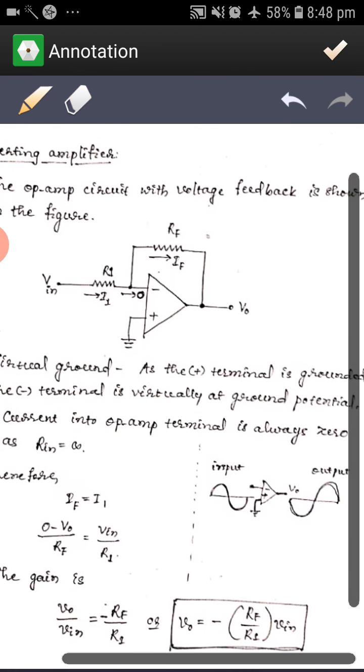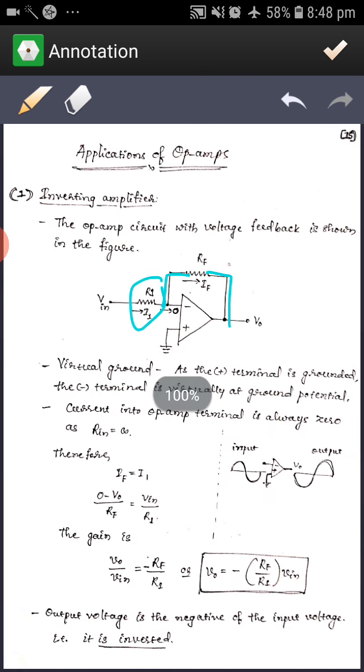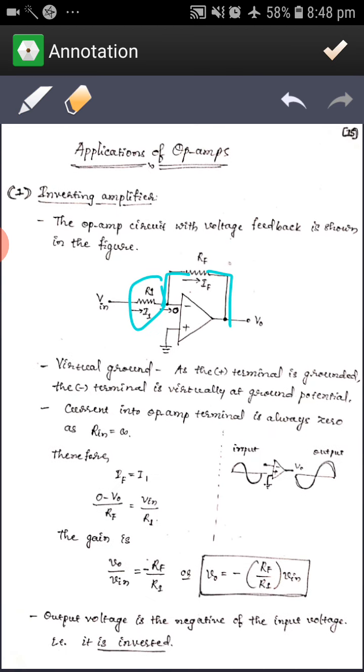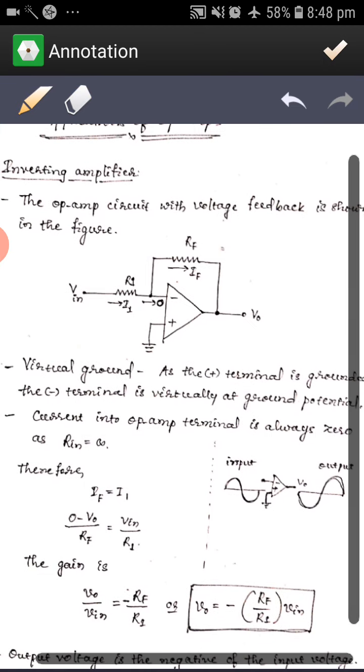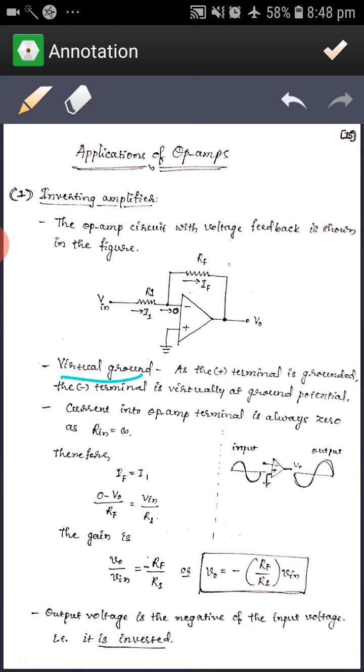For that, there is feedback with a feedback resistance, and one more, the input resistance here. So how does the inverting amplifier work? The virtual ground means the voltages at both terminals, positive and negative, are the same.